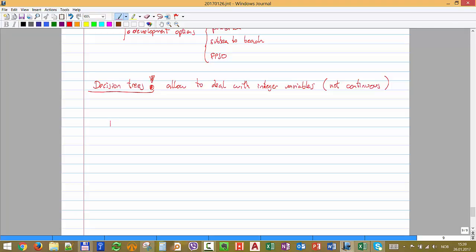So we have some square nodes. These are called decision nodes. Then we have some round nodes, and these are chance nodes. And then we have end nodes, like a triangle. And let's maybe show you with an example.